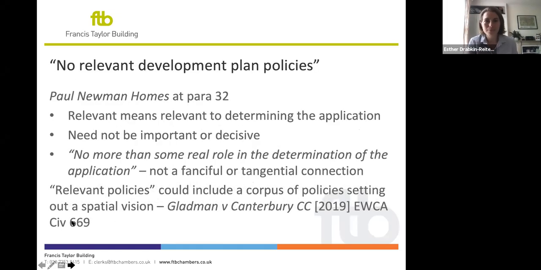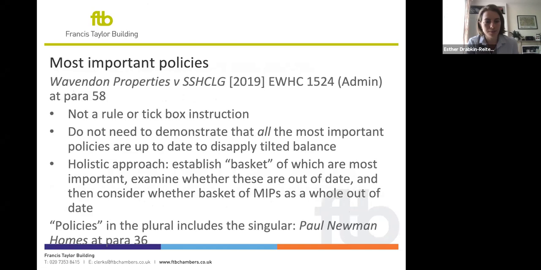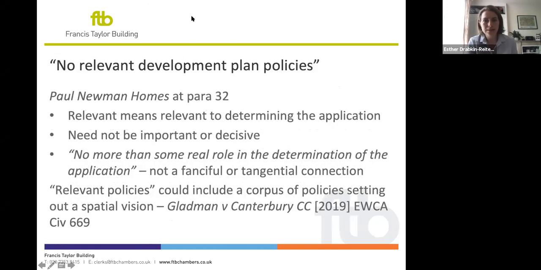So I've noted there's a question from John Boyd regarding the application of the tilted balance in the case of applications for employment provision. And hopefully I can answer this in what follows, because I'm going to talk about some of the triggers for the tilted balance. So in the case of applications which don't involve the provision of housing, footnote 7 will not apply.